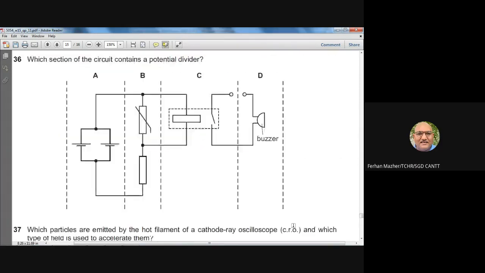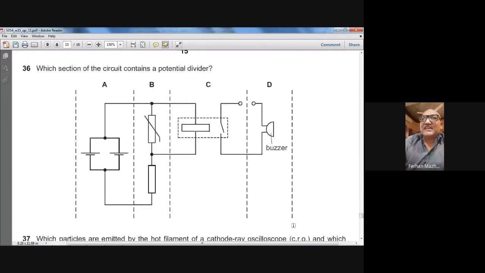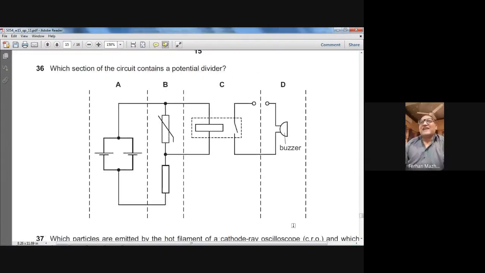A very simple question, but the diagram is such that you might get confused. Which section of the circuit contains a potential divider? In the potential divider, we have two resistors connected in series with each other, and we take V out from one of them.